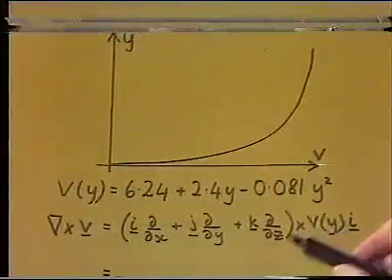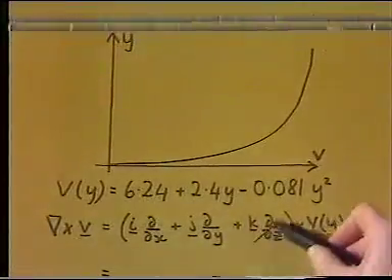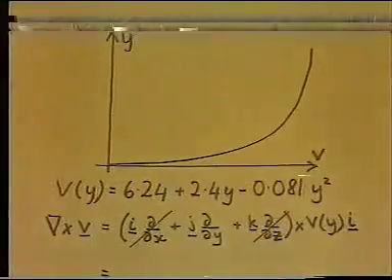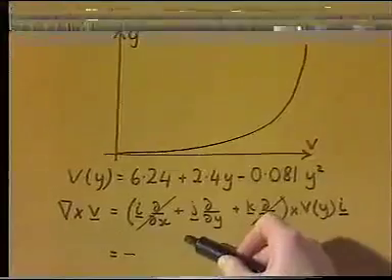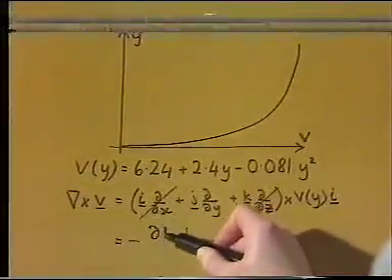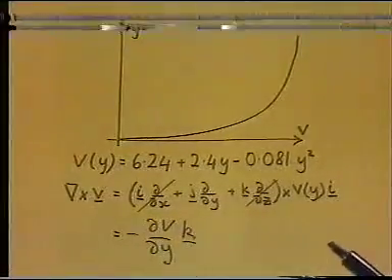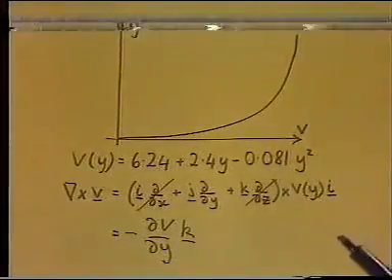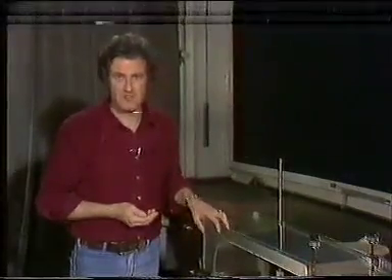Now, looking at this, when we differentiate a function of y with respect to x or z, we'll get 0. So the only contribution left will be j cross i, which is minus k, and then dV by dy. That is, the curl of V is a vector perpendicular to the plane of the flow. Something at right angles to the fluid's surface, this way.